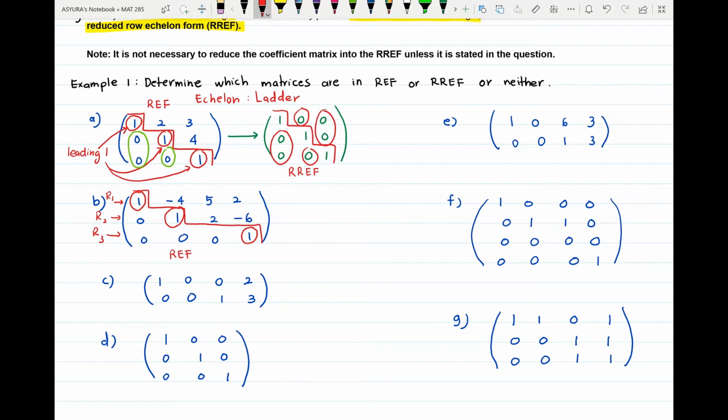If you want to reduce until RREF, the answer will be 1 0 5 2, sorry, this one will be 0, then 0 1 2, 0 0 0 0.